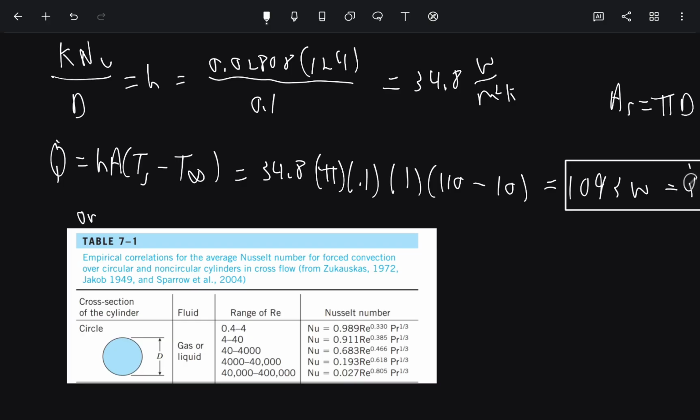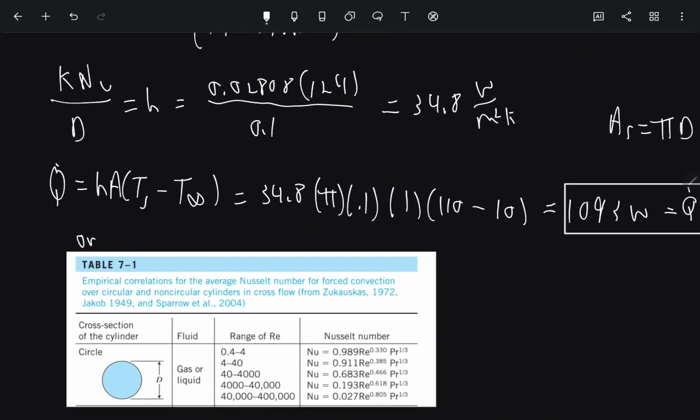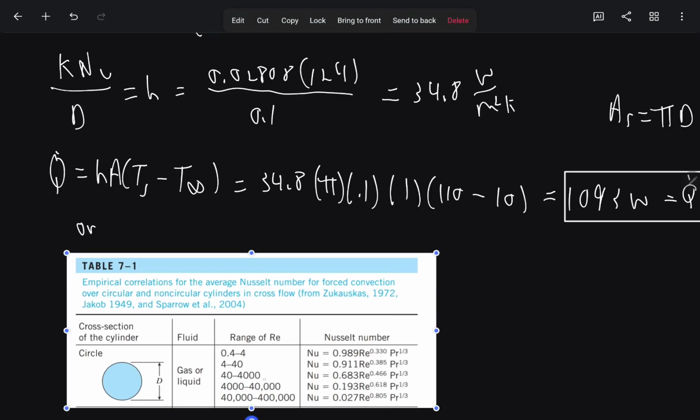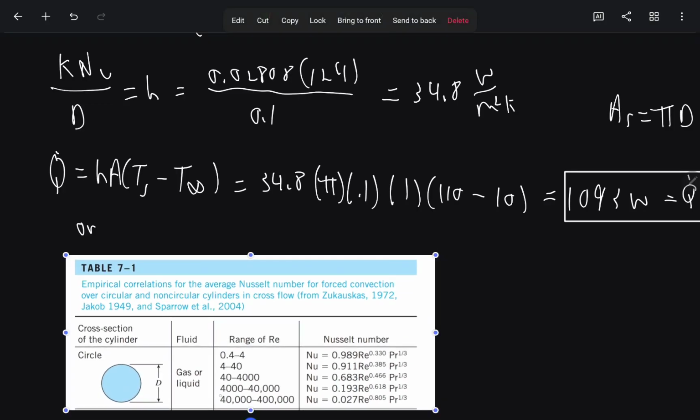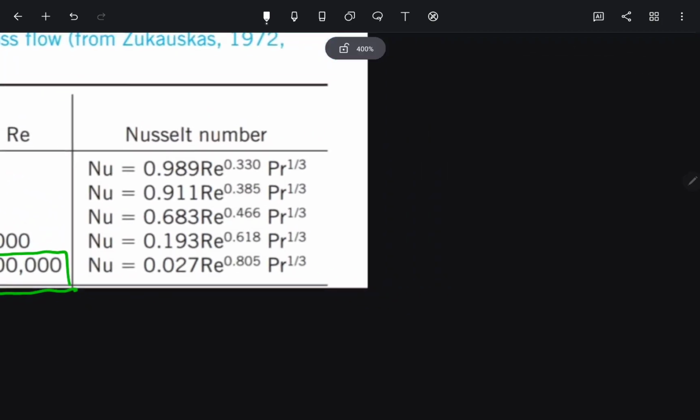Then we look at the Reynolds number. So either way, you do have to calculate the Reynolds number. So the Reynolds number, 4 times 10 to the 4, puts us in this range at the bottom, which means the Nusselt number equation we will use is the bottom one.